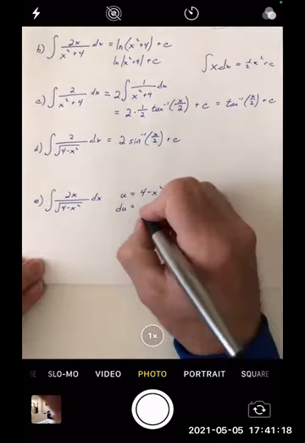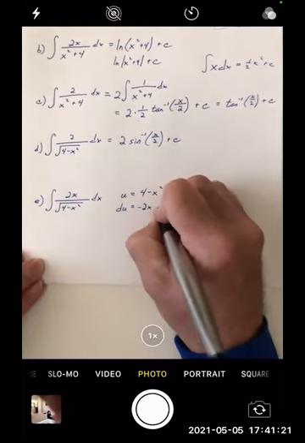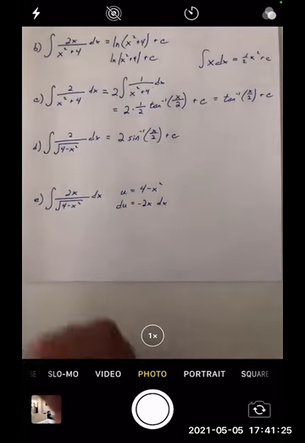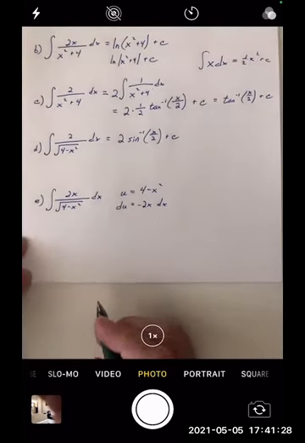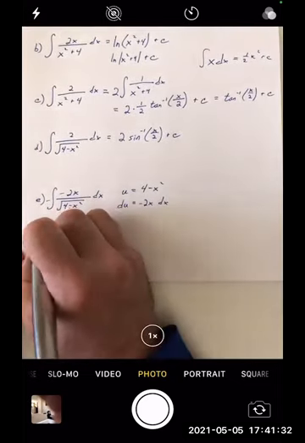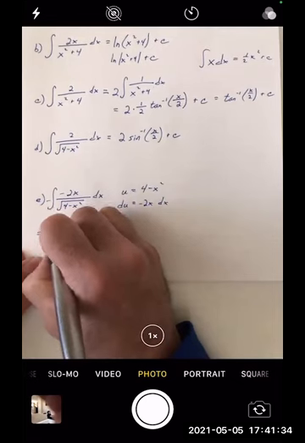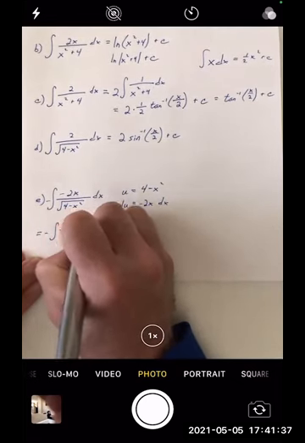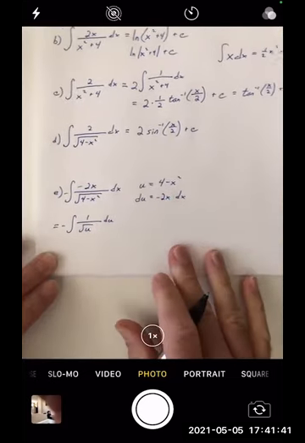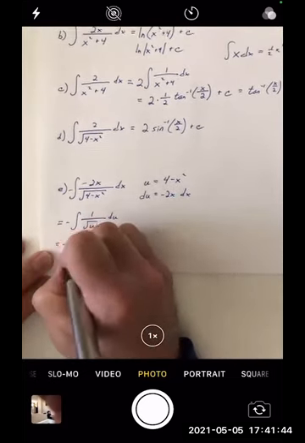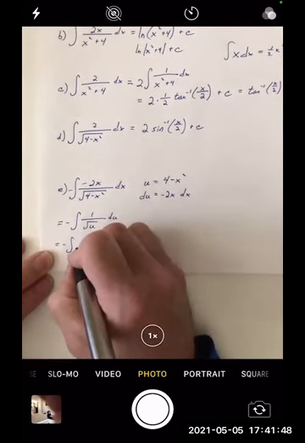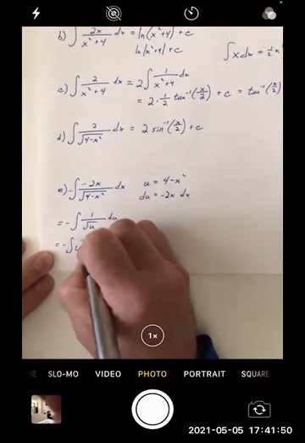Okay, so your du is going to be negative 2x dx. So you've got everything accounted for except what? You add the negative. Yeah. All right, so you can think it in your head or write it out, but that 1 over root u is really just u to the negative half.